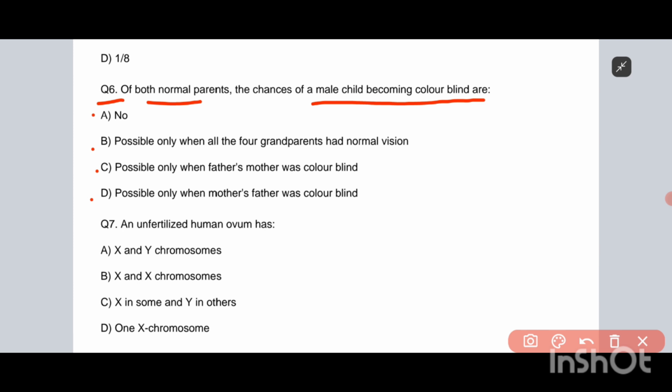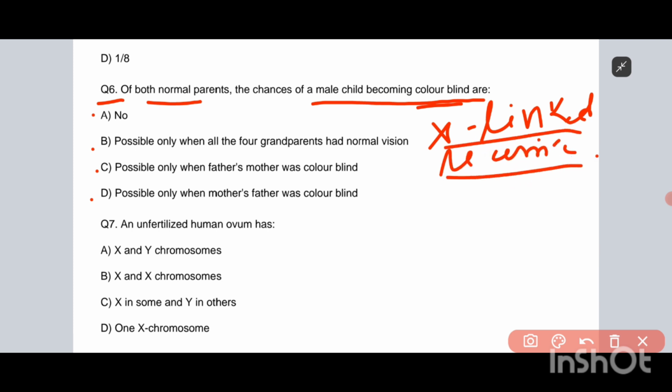So we generally know that colorblindness is an X-linked recessive trait. Okay. So the first option is no, and B says possible only when the four grandparents have normal vision.